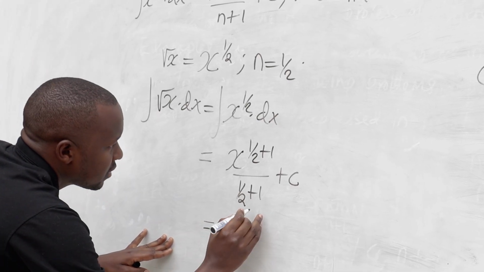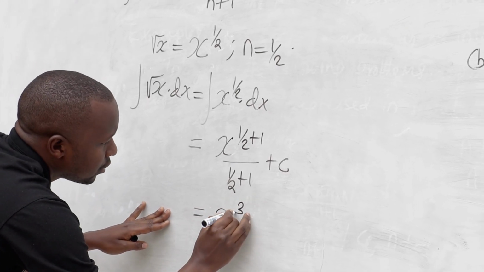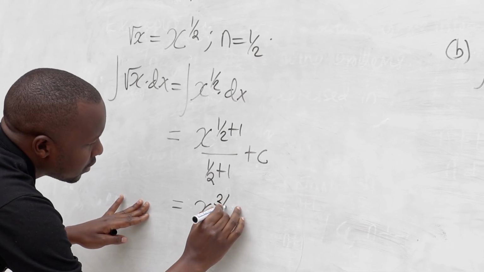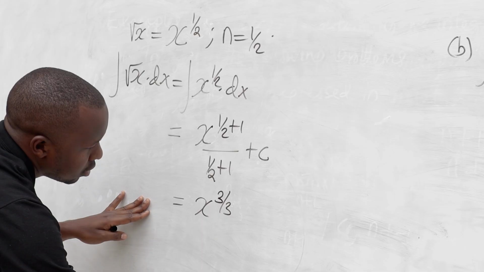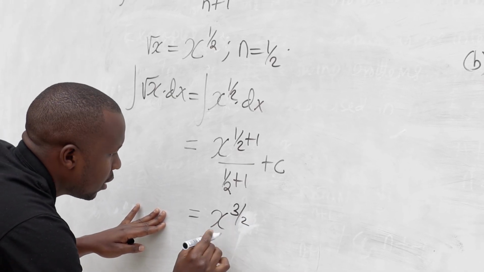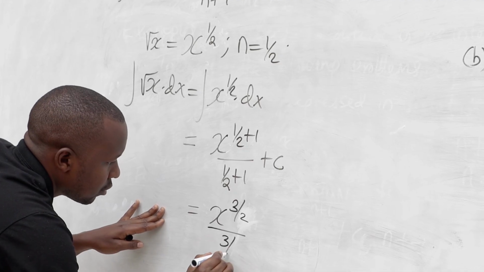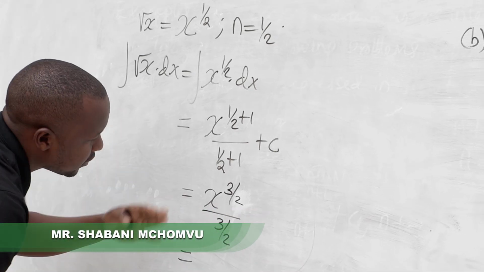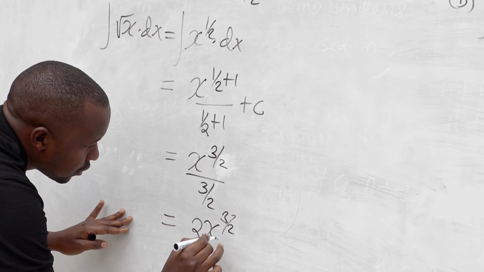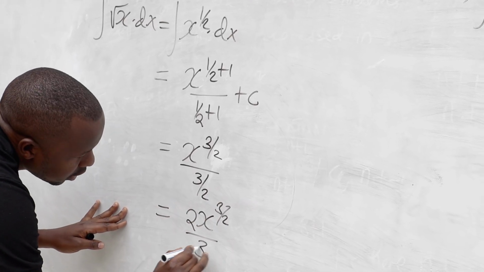this becomes x raised to, a half plus 1 is 1.5, which is the same as 3 over 2. Then here we have also 3 over 2. On simplifying, it becomes 2 times x to the 3 over 2, over 3.